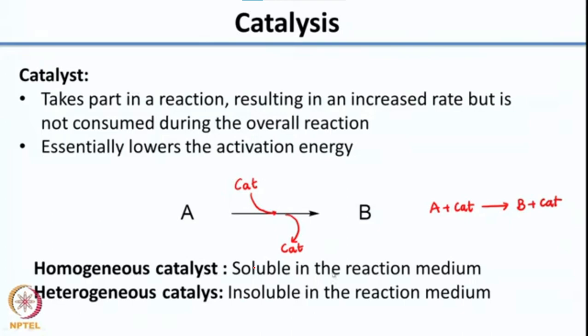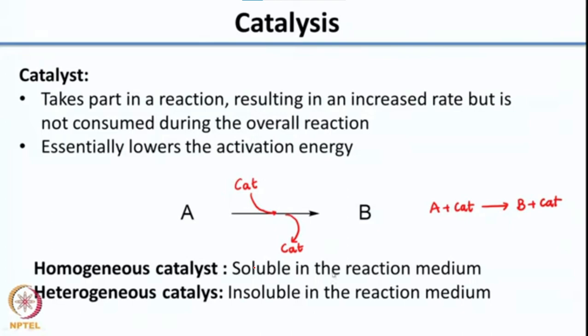You can take a different example of a heterogeneous catalyst. In industries, flow reactors are used. In those reactors the gas phase reaction is taking place, and the catalyst is loaded in a solid form, and it catalyzes the reaction.